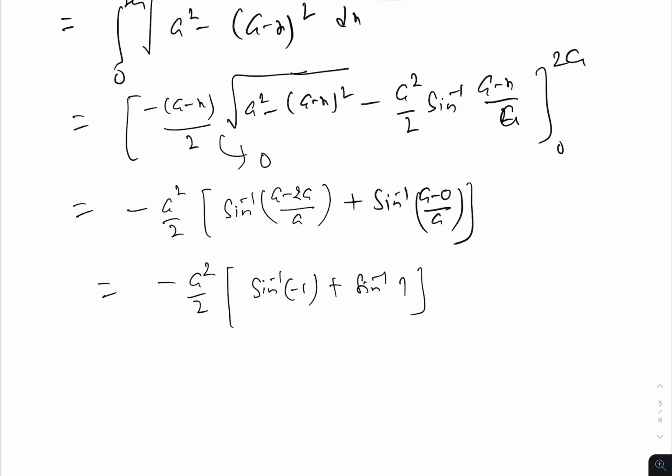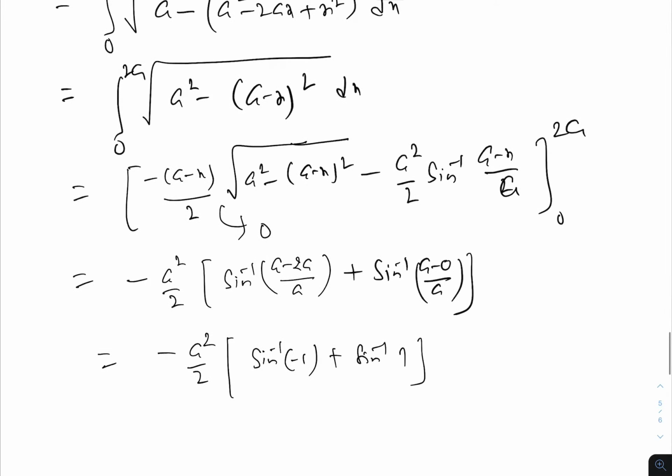Let us see again. Sine inverse a minus 2a by a, and sine inverse a minus 0 by a. So, this is sine inverse 1, sine inverse minus 1.